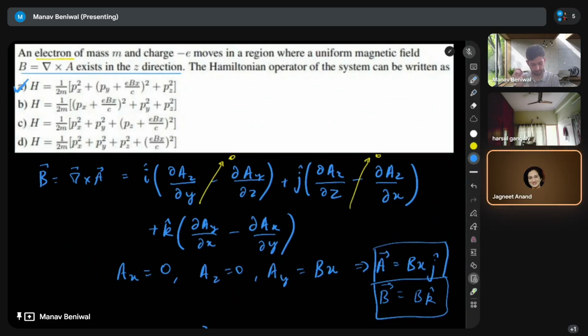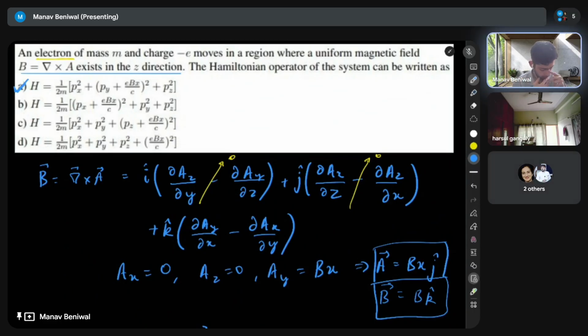Yes, so basically you want this term to be non-zero, so if we put A as By, I think with one minus sign as well, right? Yeah, so then this term goes to 0, and this term goes to 0, this goes to 0, and this goes to 0.